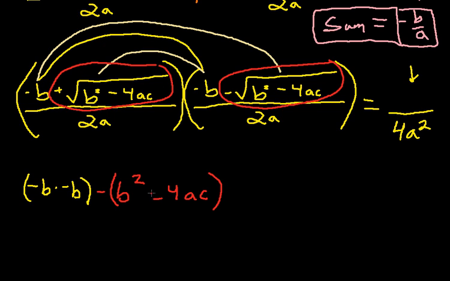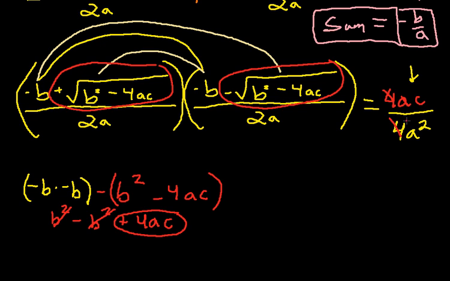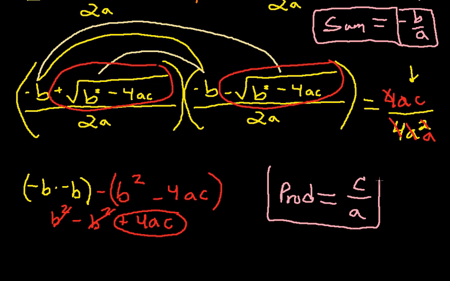We're just doing the top part of this. So we do a little bit of algebra here. This is going to be positive b squared minus b squared plus 4ac. The plus b squared and the minus b squared cancel out, and we're left with just 4ac on top. Well, the 4's cancel out, one a cancels, and this turns into just a. And so we have the product of the roots. The product of the roots is going to equal c over a.